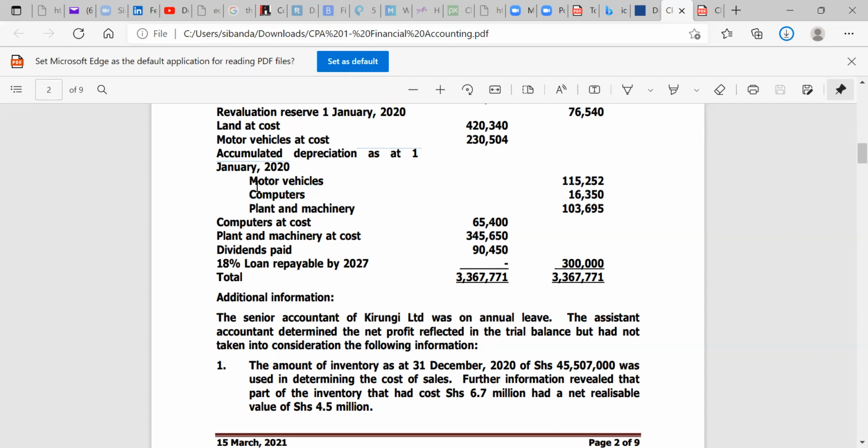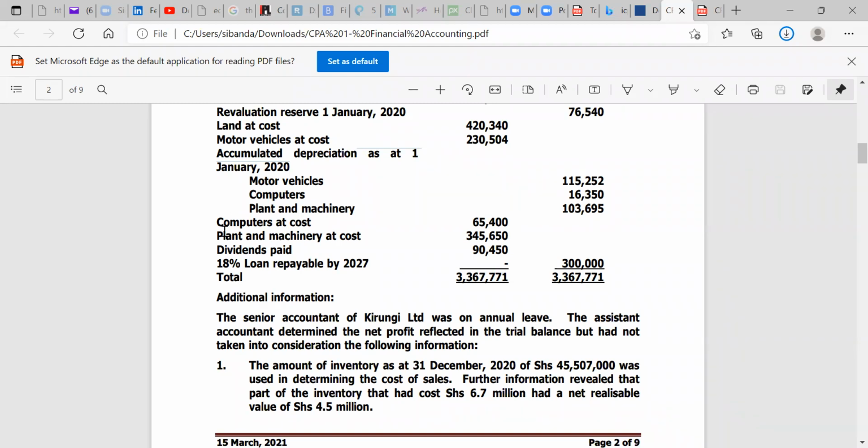And that is the accumulated depreciation that we deduct from the value of the cost of our asset to determine what? To determine the net book value of the asset. Okay? Net book value can also be called carrying amount. Okay? So we'll be able to use those words for currently.